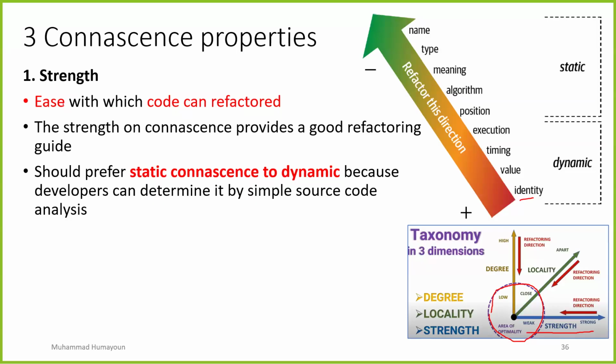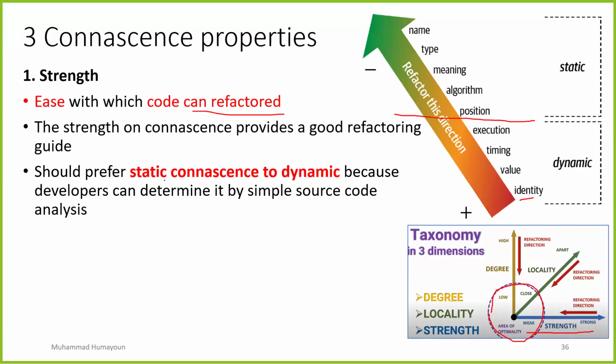Strength is all about the ease with which you can refactor your code. So the strength of connaissance provides a good refactoring guide. If you try to be above, then it would be easier for you to refactor your code.